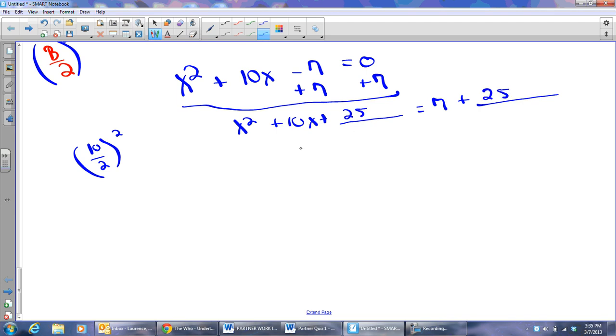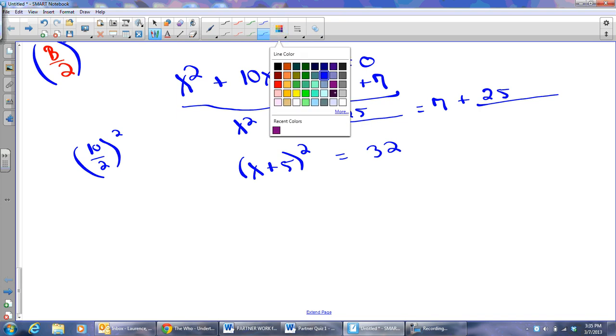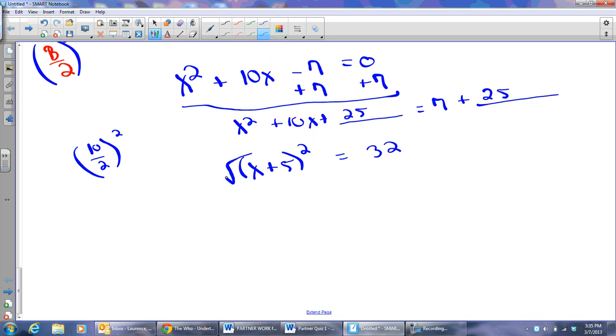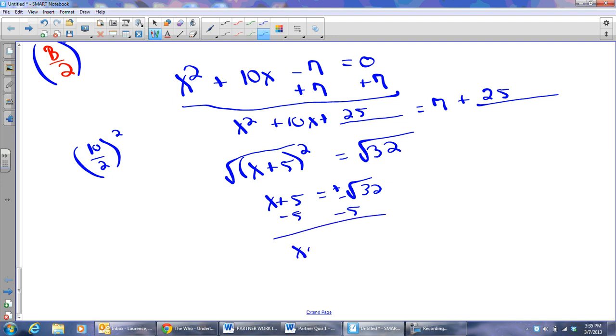Left-hand side is now a perfect square trinomial. It'll factor as x plus 5 quantity squared. Right-hand side will equal 32. I take the square root of each side. I get x plus 5 equals plus or minus the square root of 32. I subtract 5 from both sides, and I get x equals negative 5 plus or minus the square root of 32. All right, there you go.